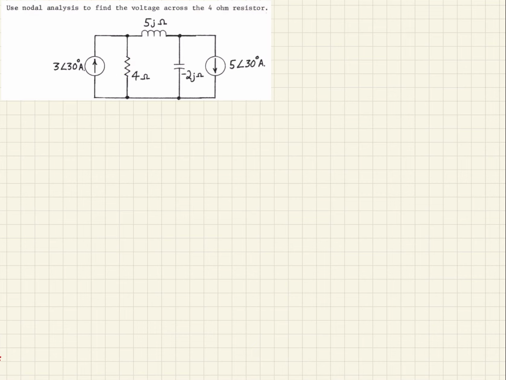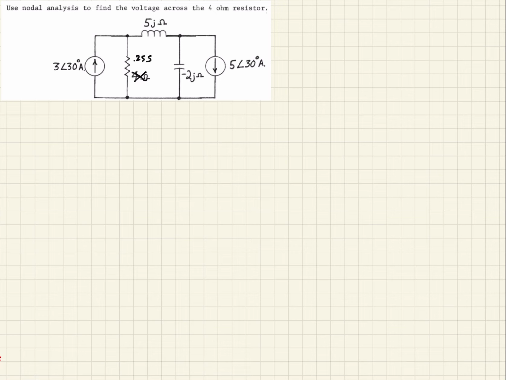First thing we want to do is convert everything to admittances instead of ohms or impedances. To do that, for resistances, it's just the reciprocal. So instead of 4 ohms, the reciprocal is 0.25, and that's going to be Siemens.